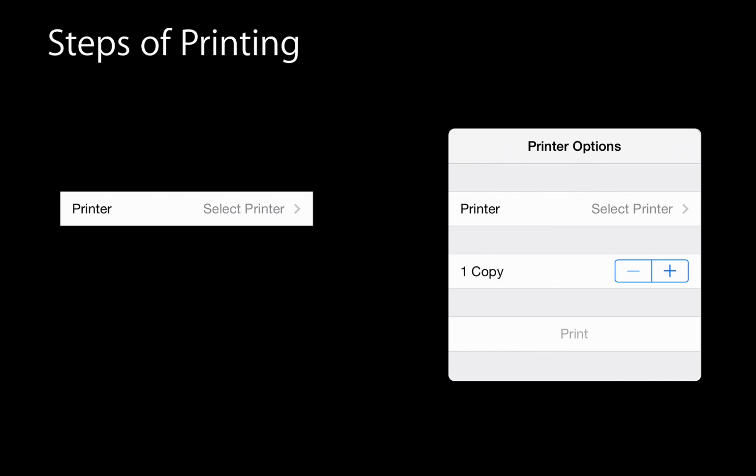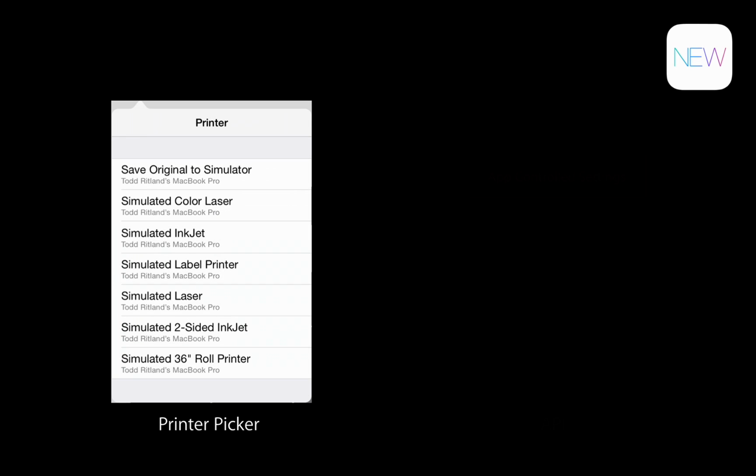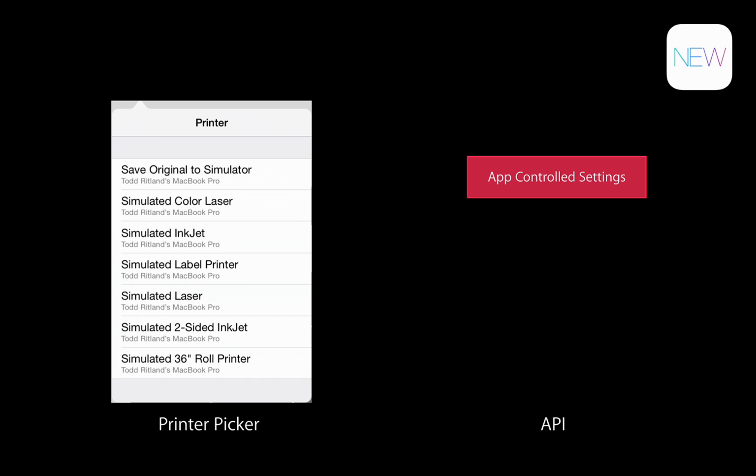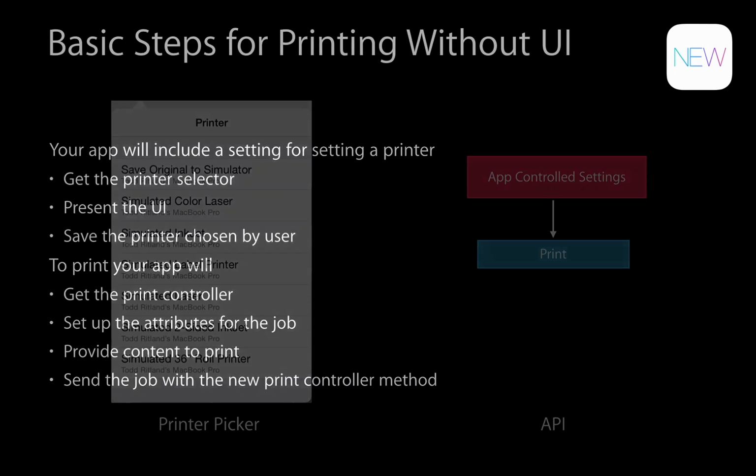The user is still going to need to select a printer, but that's done up front. And so for that, we have a printer picker. And then to replace the settings that they would be using, we have app-controlled settings in API. And then we have a new print method on UIPrintInteractionController that you'll be calling. So it's kind of separated into two things, the initial setup and then when you actually print.